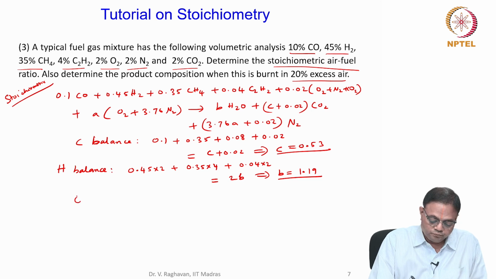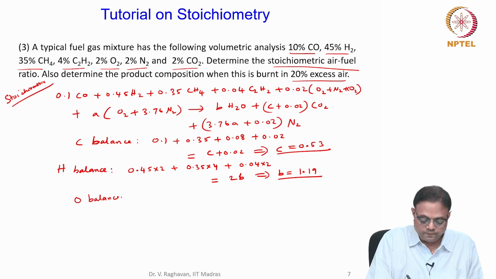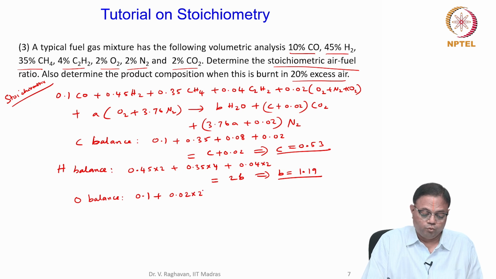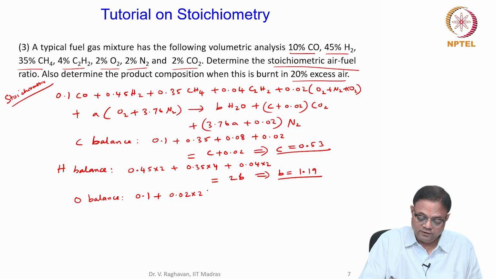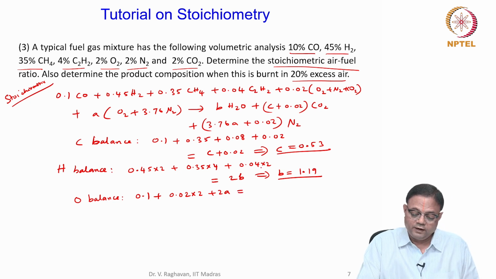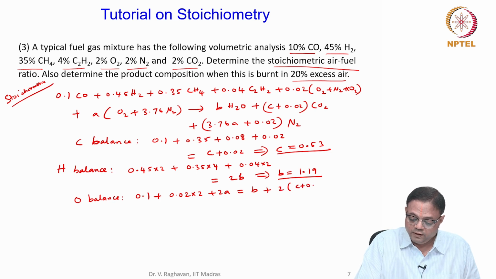Now O balance. Left hand side: 0.1 plus 0.02 into 2, plus in the oxidation stream 2A, that will be equal to the right hand side: B plus 2 times C plus 0.02.